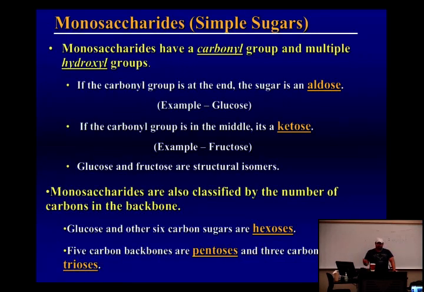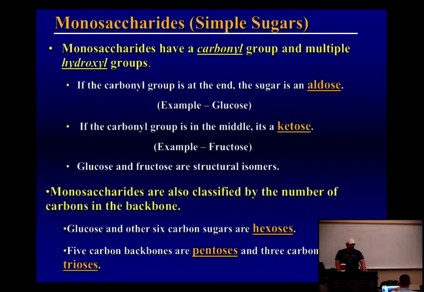So if it's on the end, what do we call it? Aldose. And if it's in the middle, a ketose. Chances are I'm going to draw a sugar and ask, is this a ketose or an aldose? Is this a triose or a pentose? As long as you can count the carbons and you know whether the carbonyl is on the end versus in the middle, then you should be okay.